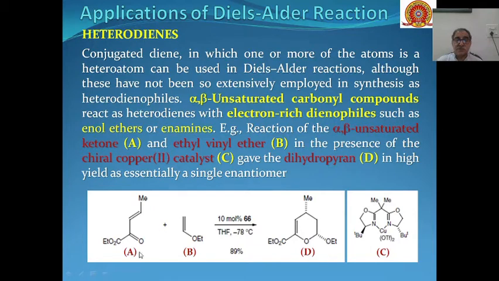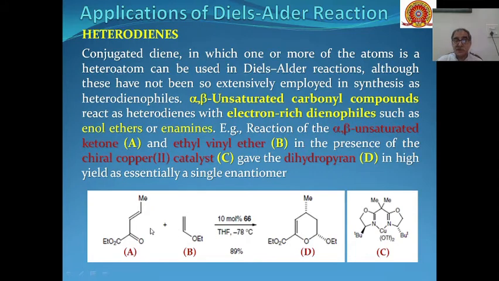So here is an example of an alpha, beta-unsaturated ketone acting as a heterodiene, and this can react with electron-rich dienophiles such as enol ethers or enamines.